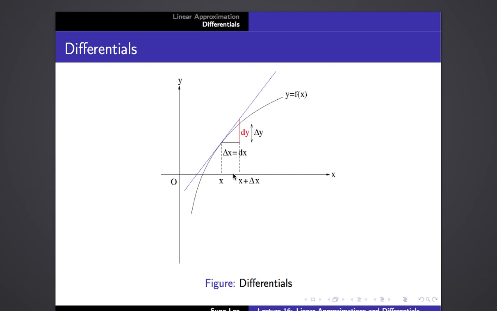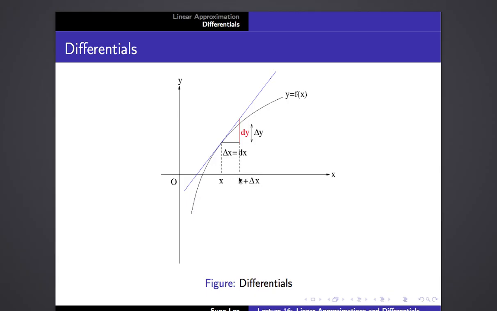In this case also, just like the previous linear approximation case, delta x is supposed to be a very small quantity, infinitesimal, which means that delta x is going to be the same as dx. So the same idea applies.